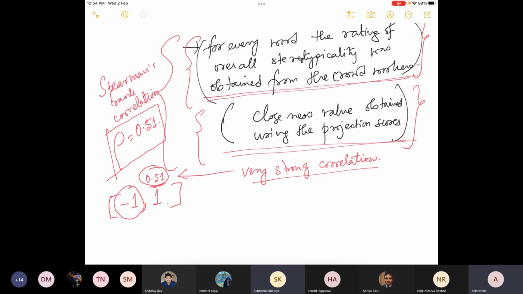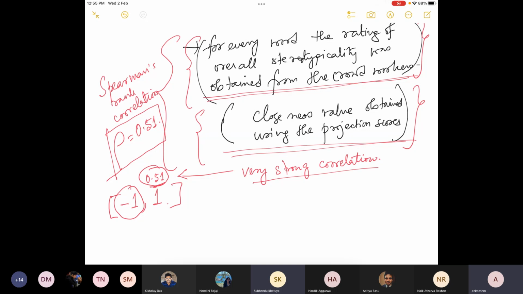So you have the set of occupation words chosen. Now you ask your crowd raters to tell how stereotypical they find each of these, and on the other side you make a computation using your embeddings, and then you try to find a correlation.